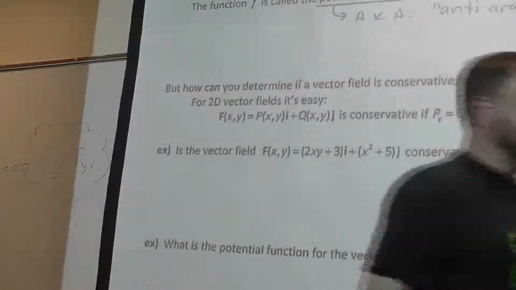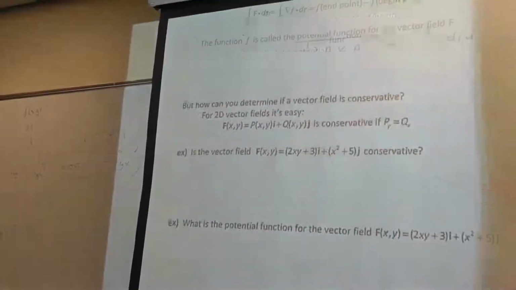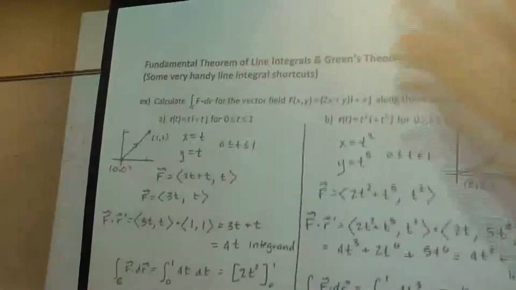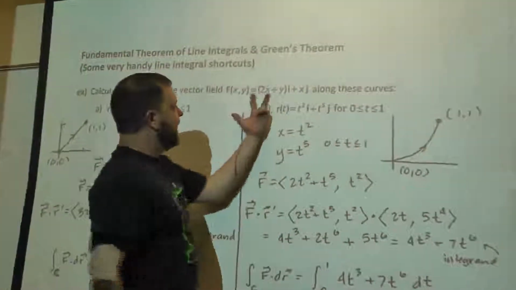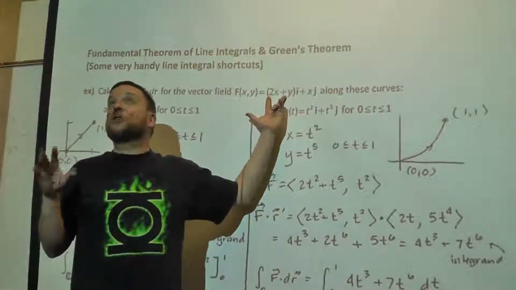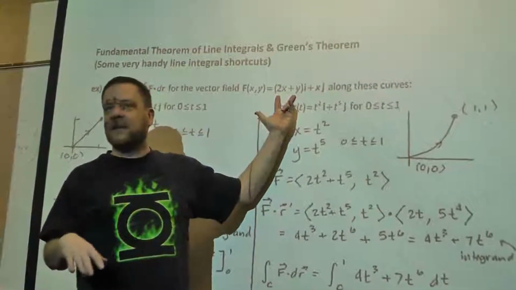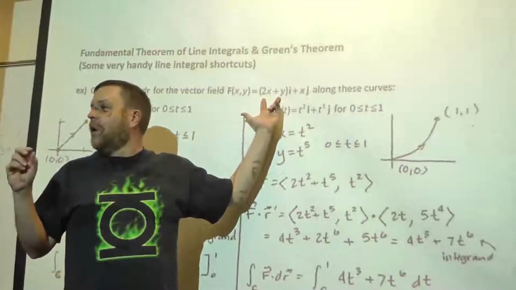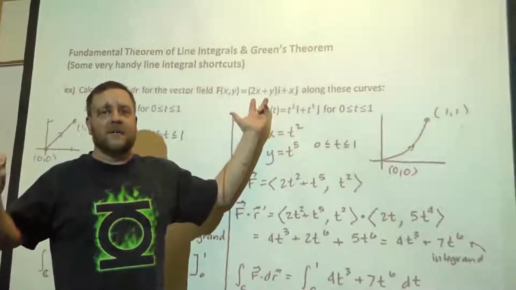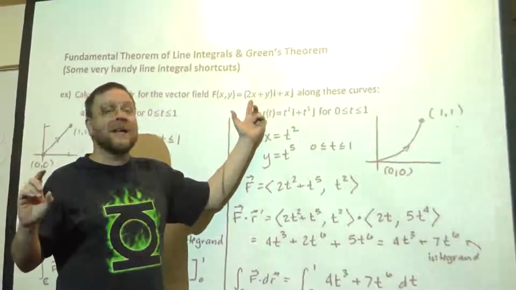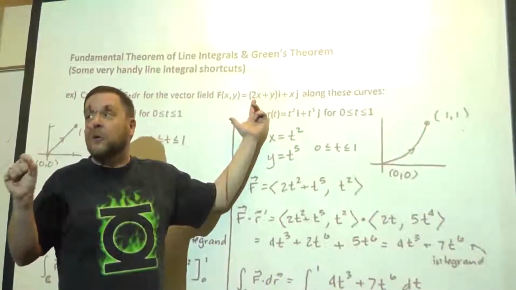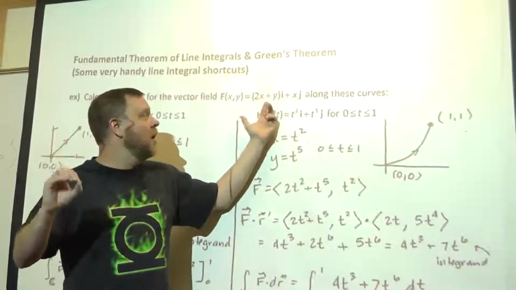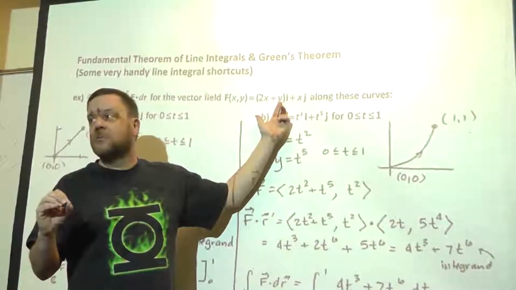So the previous page, let's go to the one that we've already dealt with. This is the P, and this is the Q. If you take P's partial with respect to y, what's it going to give you? Partial derivative with respect to y, which means 2x is a constant and y is your variable. 2x as a derivative would go to 0, 1y would go to 1.